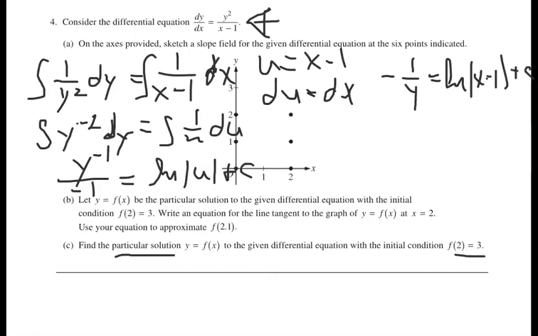Okay, and our point again, 2, 3, we plug that point in, and we get -1/3 equals the natural log of 2 minus 1 plus some c. That's the natural log of 1, which is 0 here. So that means c is going to be -1/3.